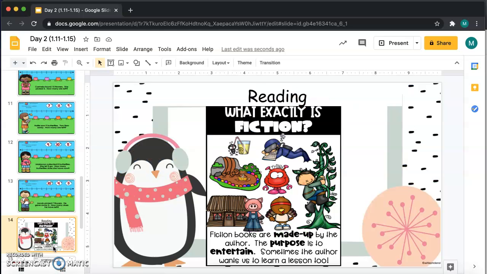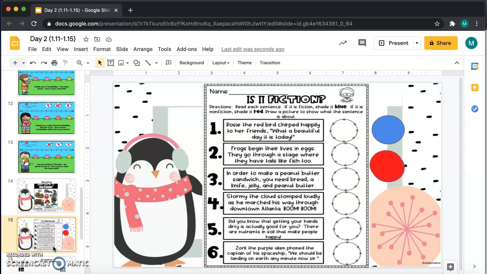All right, reading. Remember, we're working on fiction. Fiction is whenever it is made up. The purpose of these books is to entertain us. So this right here is working on sentences that are fiction or nonfiction, okay? So fiction means it's made up. Nonfiction means it is true, okay?